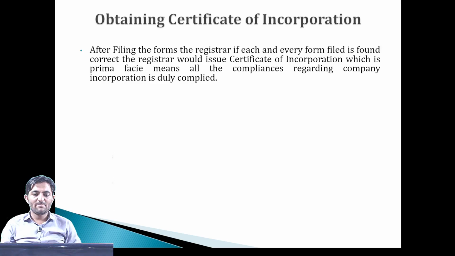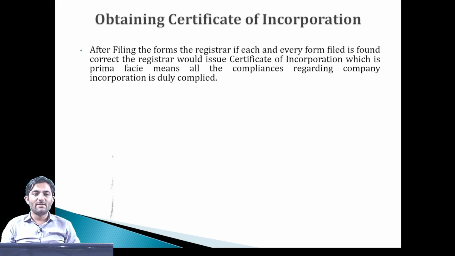Coming to the last step, obtaining the certificate of incorporation. If the registrar of companies finds that all the documents, forms and everything are correct, placed in the right folders, right location, then he or she will issue a certificate of incorporation.